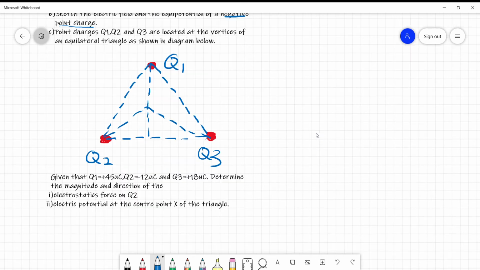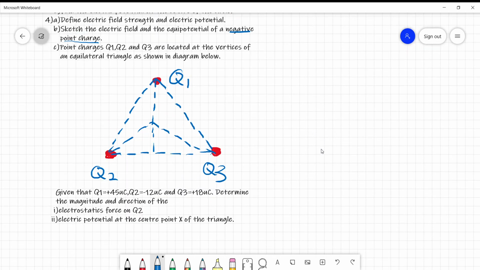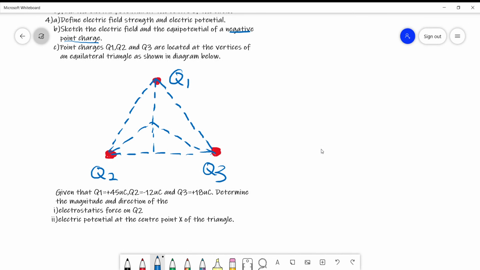So let me drag it down. Okay, so part C. Point charges Q1, Q2, and Q3 are located at the vertices of an equilateral triangle. An equilateral triangle means that the angle here is 60, here is 60, and here is 60.